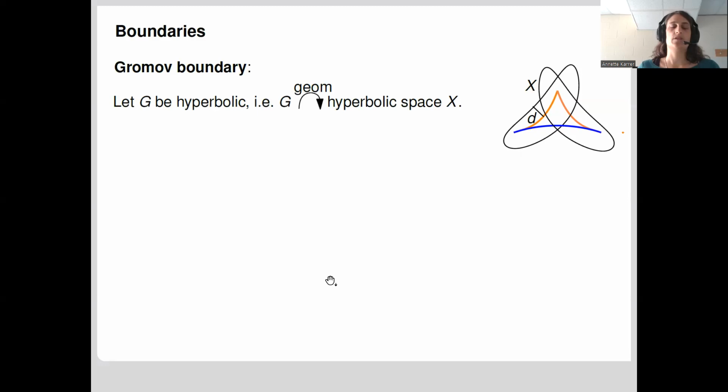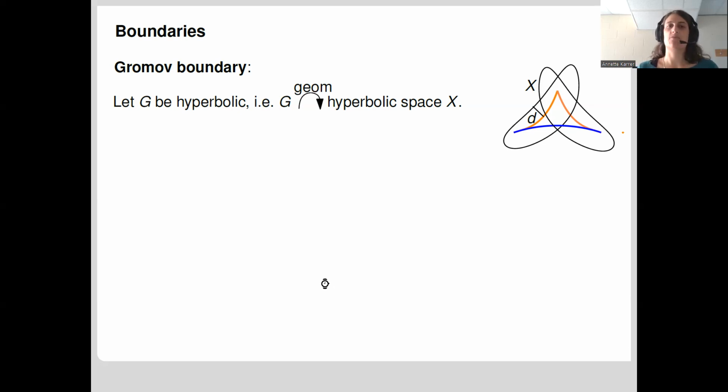Now a group is called hyperbolic if it acts geometrically on a hyperbolic space. A geometric action is an action which is proper and cocompact by isometries. Each finitely generated group acts geometrically on its Cayley graph.